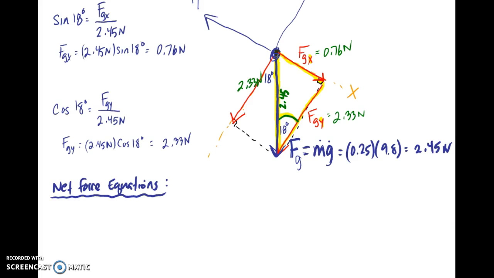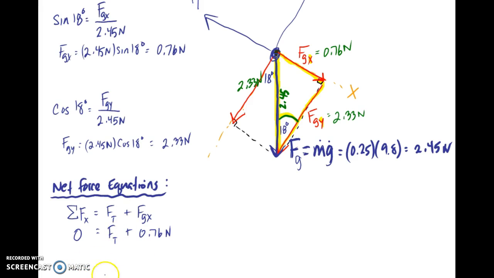And now the net force equations will help us solve for the tension. The sum of the forces along the x-axis is just the tension force plus the x component of the gravitational force. And when I put in what I know, these forces must be balanced because it's not moving. The tension force I don't know, but I want to know, and I now have figured out that the x component of the gravitational force is 0.76 newtons.